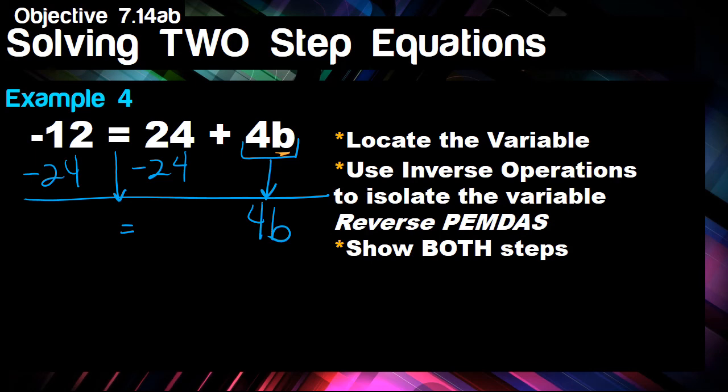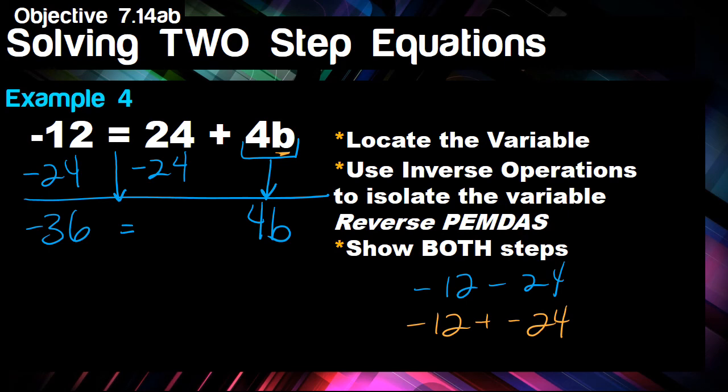I know it feels weird to have b on the right-hand side, but keep it there. It's okay. And then we have negative 12 minus 24. That's the same as saying negative 12 plus the negative 24. So let's add those two negatives together. That gives us negative 36.